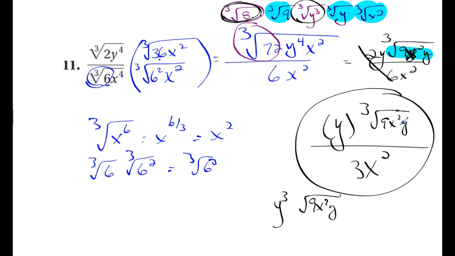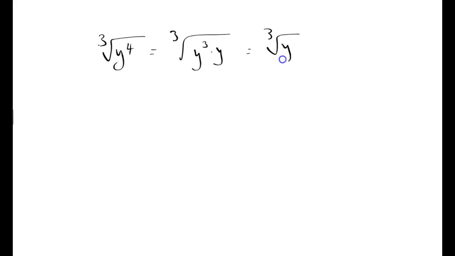So if I could just refresh your memory a little bit on what's going on here. A good rule to follow is if you're in the numerator, go down. If you're in the denominator, go up. Let me explain what I mean. If you're in the numerator and you're trying to simplify, I want you to go down. So 4 doesn't divide by 3, but go down to 3, because this is the cube root of y cubed times the cube root of y.